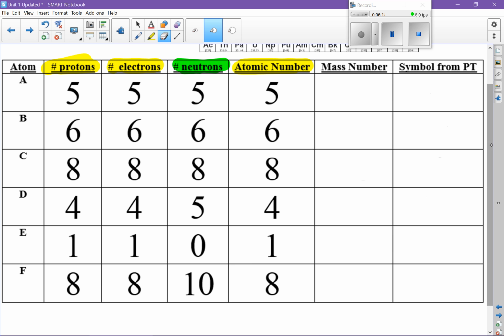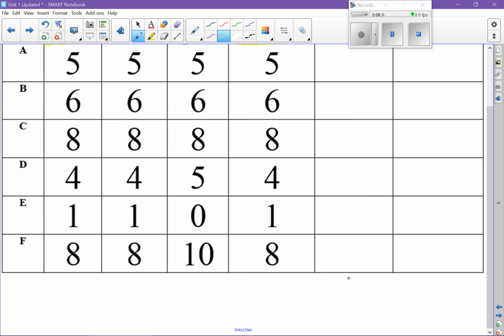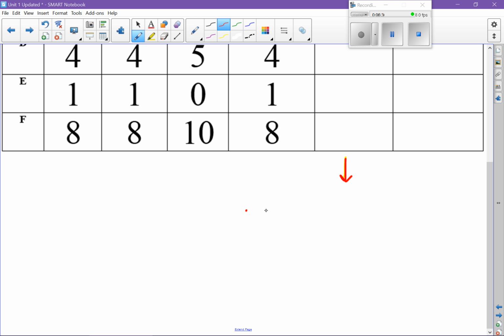Okay? For the mass number column, we're going to have to do a little bit of math. Mass minus the protons equals the neutrons, that's the formula that we want to have in our head.